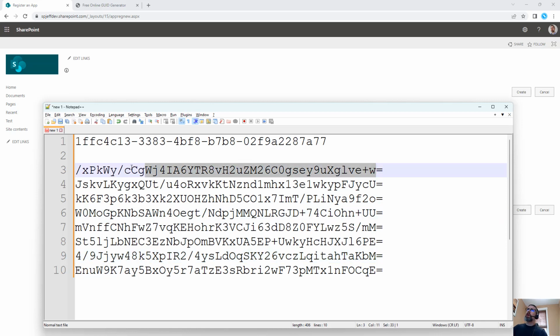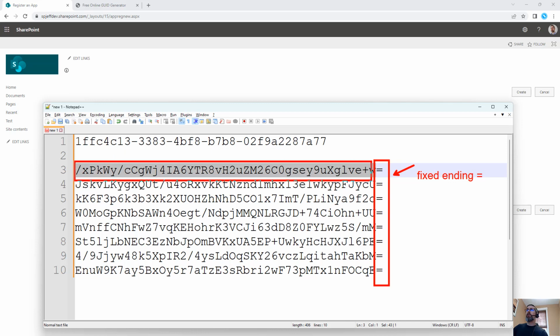So let's say you're working with a 43 character length, with a fixed ending of the equal sign. That's what we have selected, a length of 43.